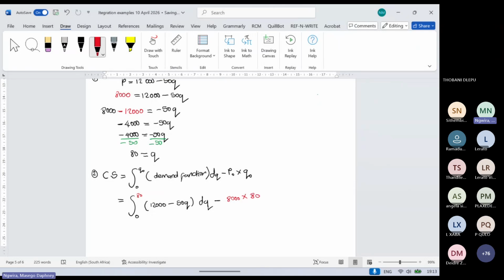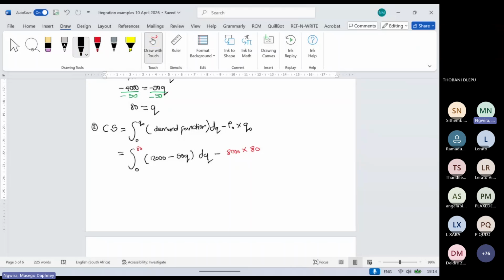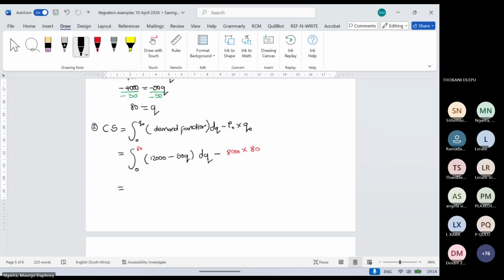Now we can solve. We can integrate first. When we integrate this with the limit, let me write it on the side.